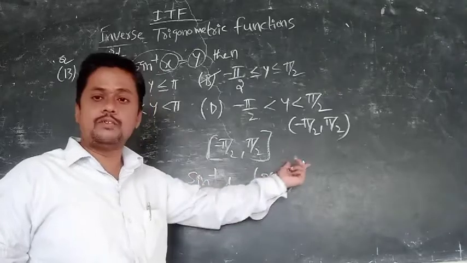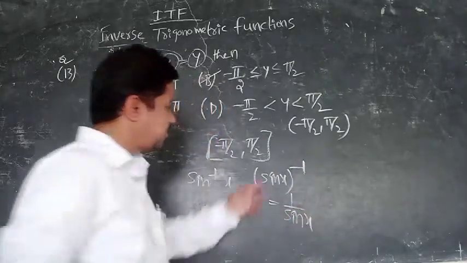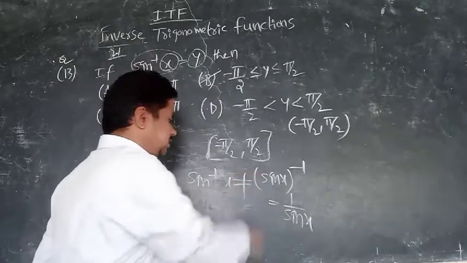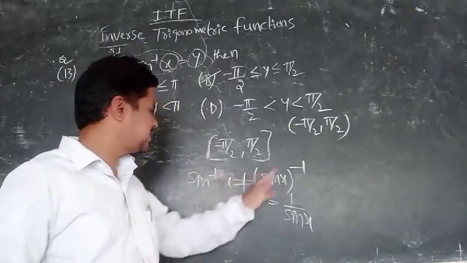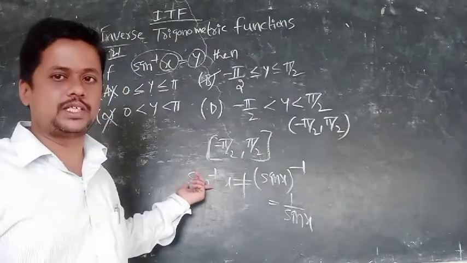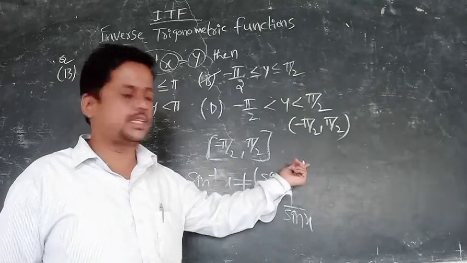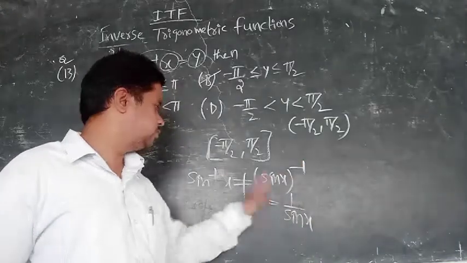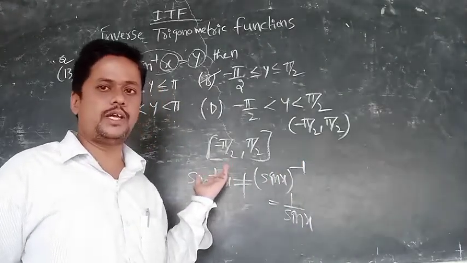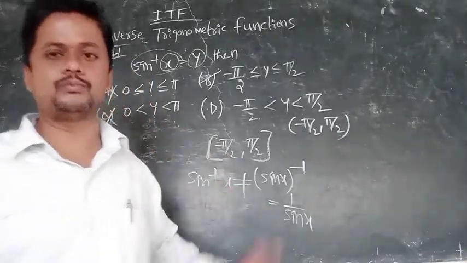Sin x whole inverse is nothing but 1 divided by sin x. These are not equal, this is different. Sin inverse x is the inverse of the sin x function, while sin x whole inverse is 1 by sin x. These two are different, don't be confused. You have to know this concept well.